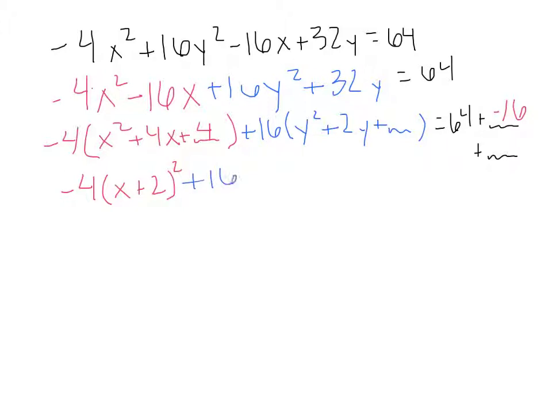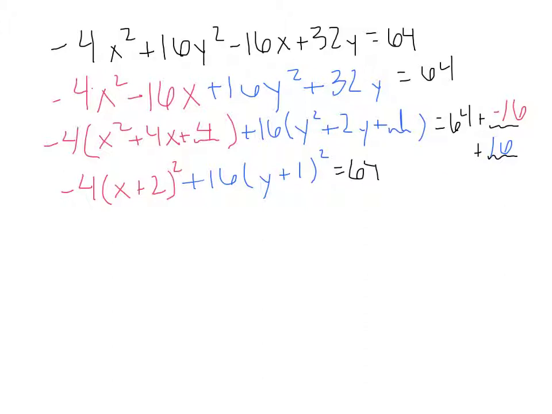Plus 16 times y, b divided by 2 is 1, and square it, so we get 1. We didn't really add 1, we added 16, because 16 times 1 is 16. So now when we simplify the right-hand side, we're just going to be left with 64, because those two 16s will cancel each other out.